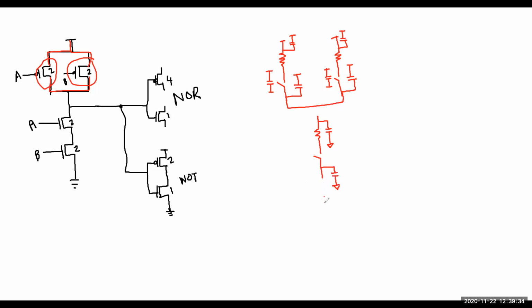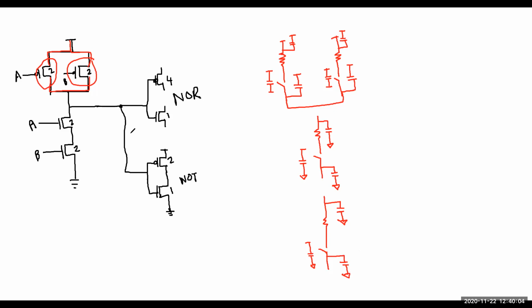So one PMOS. Here you have a gate capacitor going to the ground. Here you have another capacitor going to the ground, right?